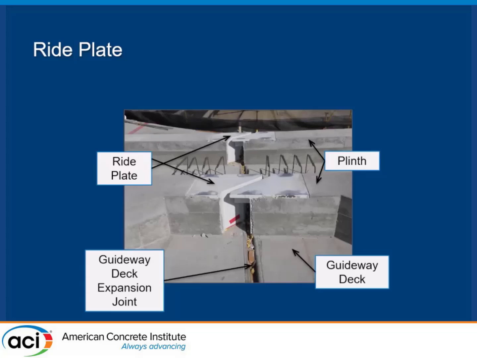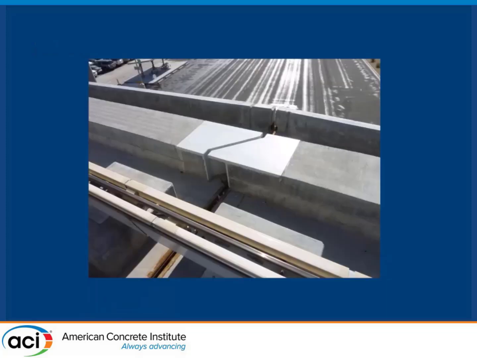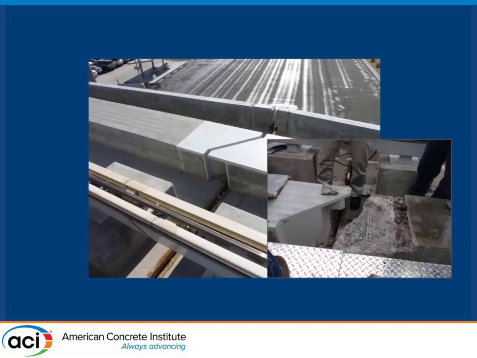In this case, they have a plate at an angle, and they put headed steel anchors back in here and down here, and they just didn't go through checking all the different modes of failure that could occur. And so after less than 20 runs of a tram, it popped off, right? One of the expansion plates that were embedded popped off here.